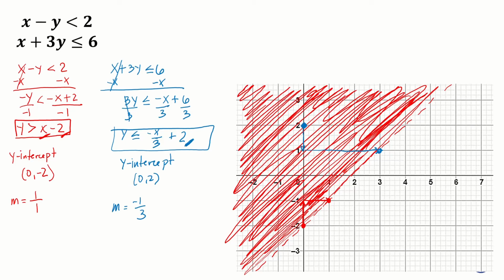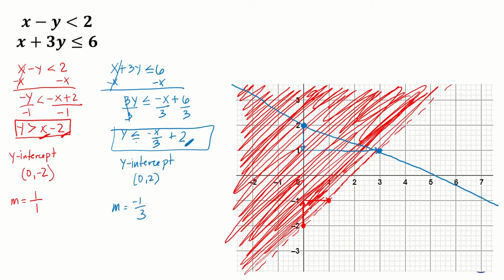There you go. Now that we have those two points, all we need to do is connect them, and again we need to decide if it's going to be a solid straight line or a dashed line. Yes, it's going to be a solid straight line because this is an inclusive inequality. All right, there you go.